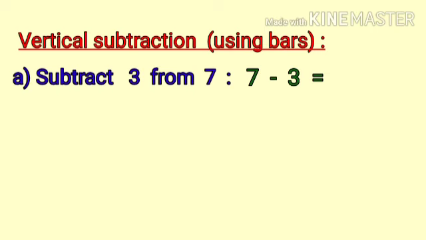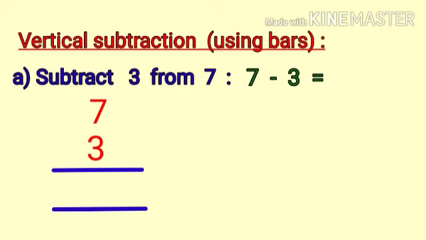Below that we should write the smaller number. In this example, the bigger number is 7 and the smaller number is 3. So, we should write 7. Below that, we should write 3. And subtraction is represented by minus. So, we should use minus.